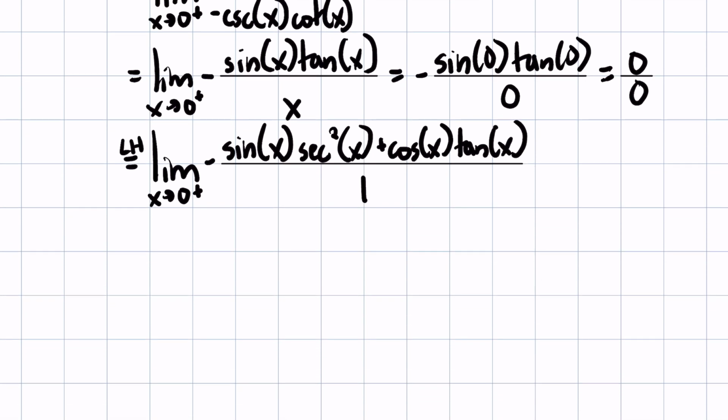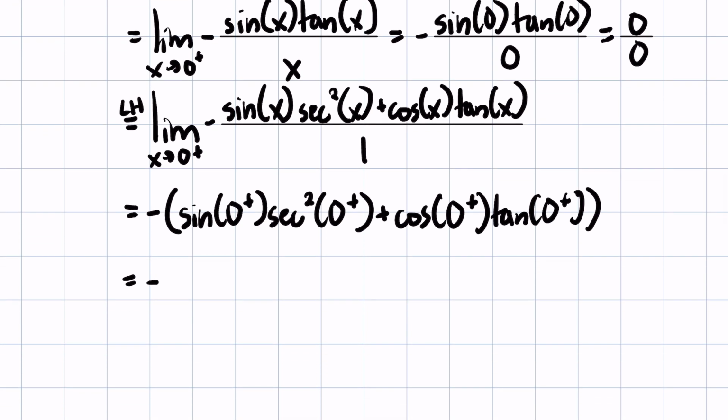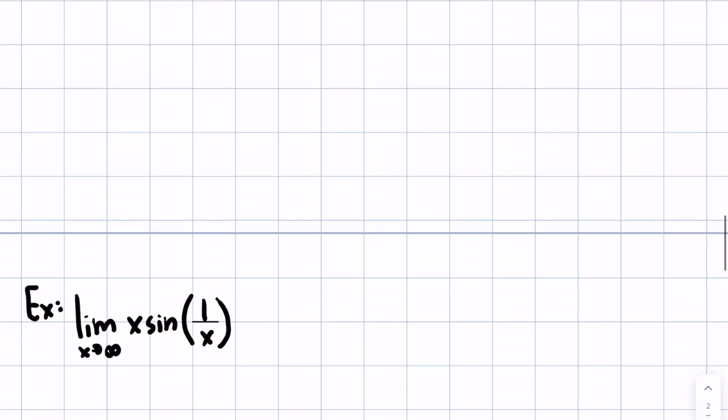And so now if I plug in the 0 from the right, what I'm going to get is negative sine of 0 from the right times secant squared 0 from the right plus cosine 0 from the right times tangent 0 from the right. And that's going to come out to negative 0 times 1 squared plus 1 times 0. So that's negative 0, which is just 0. All right, so that's our first example.